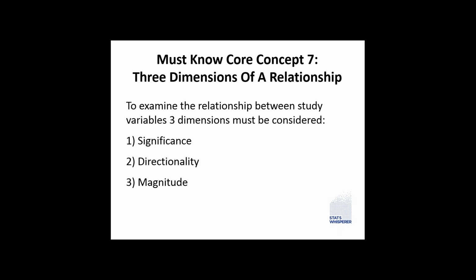Okay, so whenever you look at the relationship between 2 variables, you need to consider these 3 dimensions. 1, significance, 2, directionality, and 3, magnitude. If you do that, you'll be real comprehensive in your analysis.